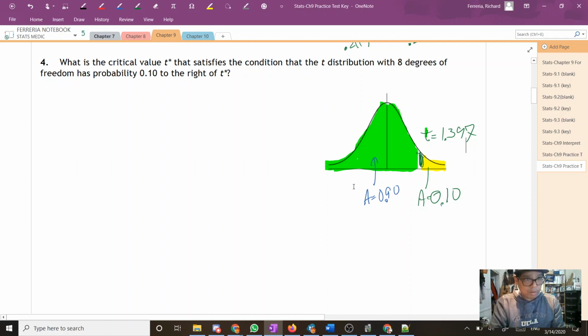What's the critical value T star? T star equals, type for me, friend. Oh no. Things have gone awry. T star equals 1.397. There we go. That's all we need, right out of the calculator.